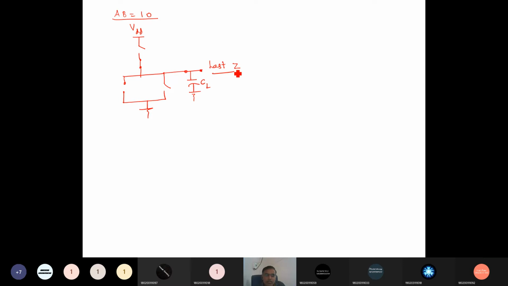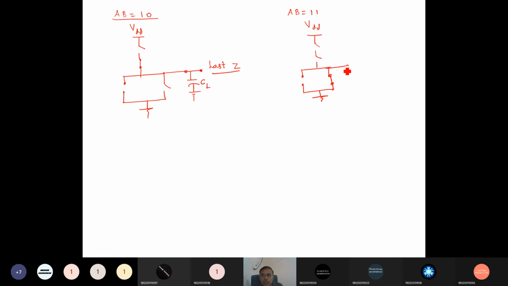If previously Z was 0, then it holds the 0. If the previous state Z was 1, it will hold the 1, right? Now suppose you give A and B as 1 and 1. What should be the equivalent circuit when the N1 transistor has the stuck open fault? With 1 and 1, both the PMOS are open and the NMOS are in short, but this A MOSFET is open.